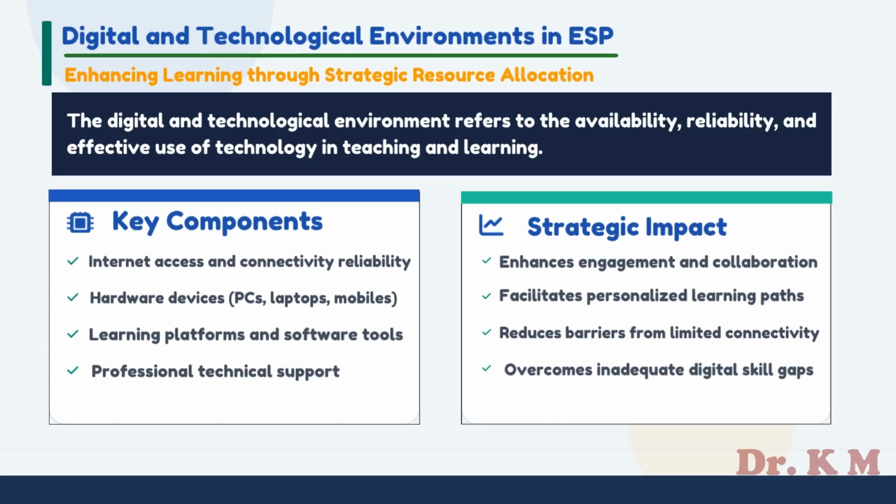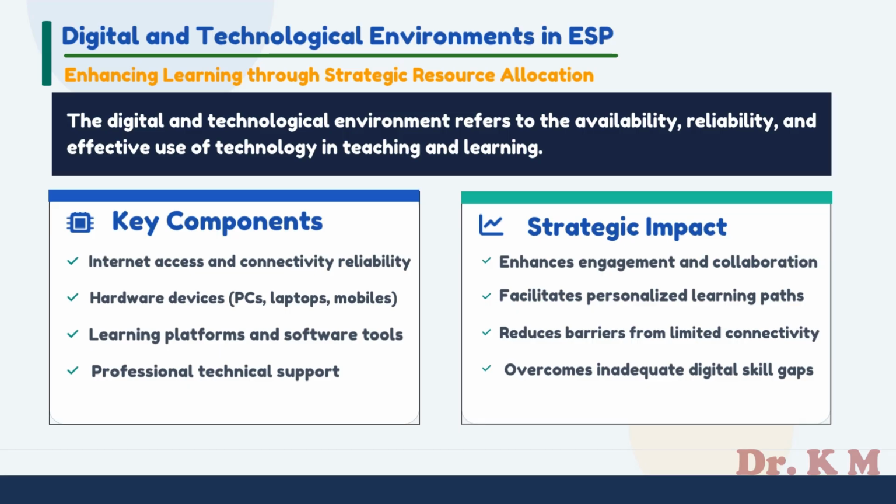Digital and technological environment. The digital and technological environment refers to the availability, reliability, and effective use of technology in teaching and learning, including internet access, devices, learning platforms, software tools, and technical support.